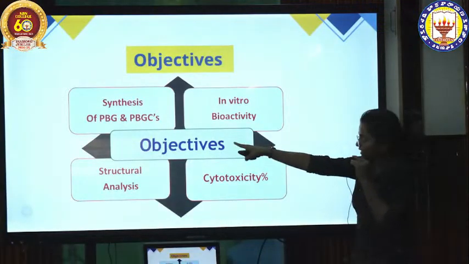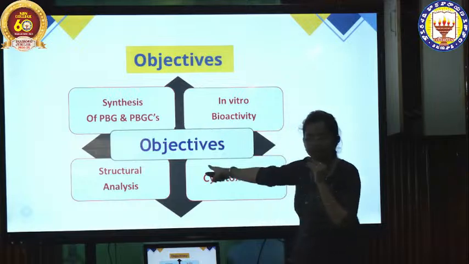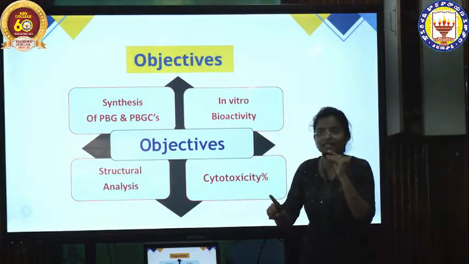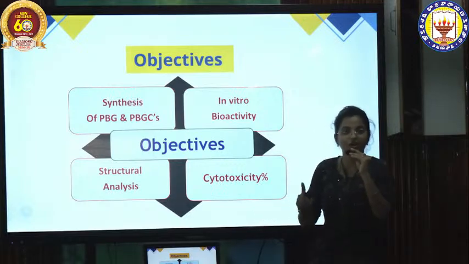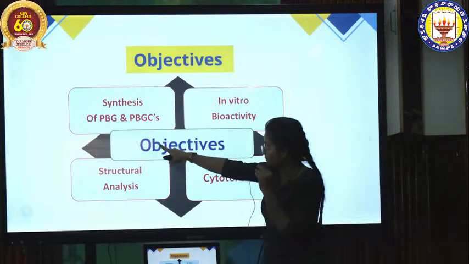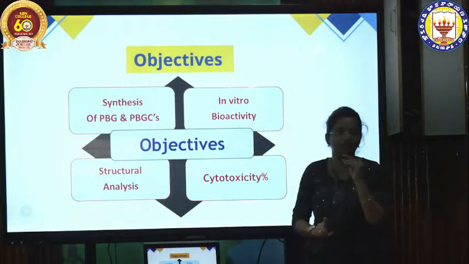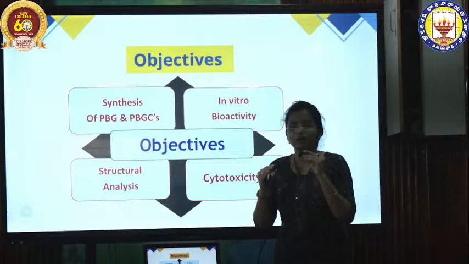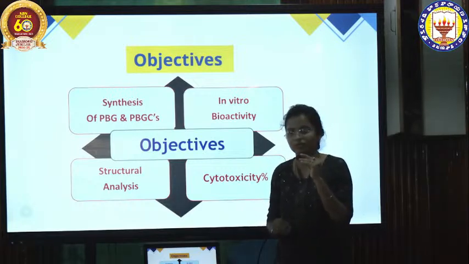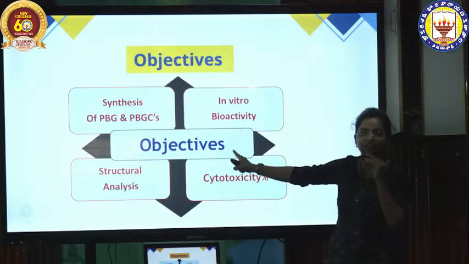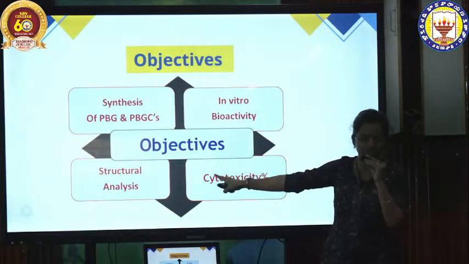When phosphate basic glasses are converted into phosphate basic glass ceramics, the degradation rate is reduced. Also, the mechanical properties increase. But so far, the literature has shown that whenever the glasses have been converted to glass ceramics, the bioactivity of the glass ceramics reduces.